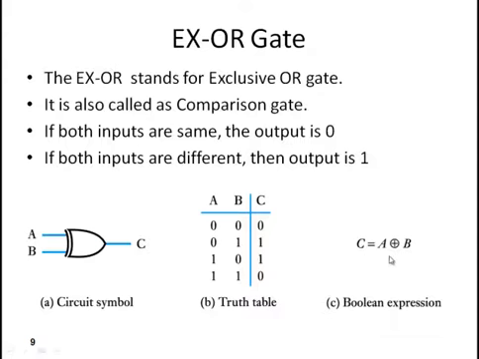Its Boolean expression is this, that is plus within a circle. This is the Boolean expression for the XOR gate. Further, it is also called the comparison gate because you can see from its truth table that the output is high only when the inputs are different. Hence, this gate can be used for comparison purposes, hence the name.